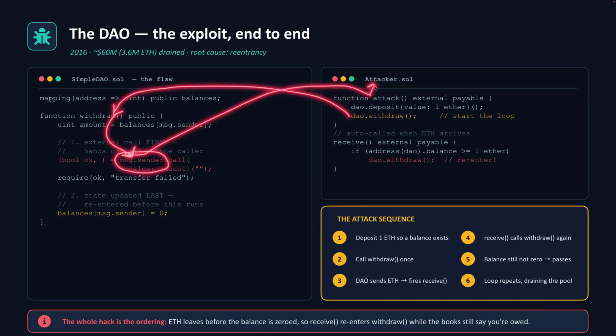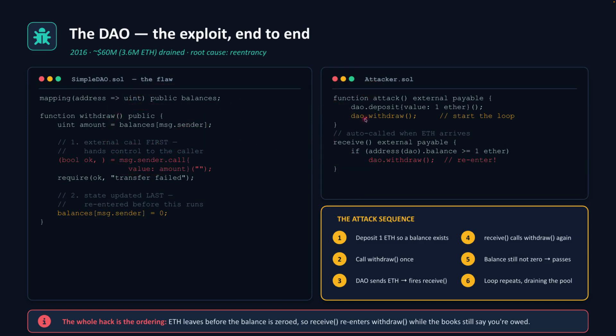attacker contract, right? So when the message.sender call happens, in reality, it comes to the smart contract's receive function. Now notice here, from within the receive function, it checks if the balance of the DAO contract is greater than 1 ether, keep on calling DAO.withdraw. So it again calls DAO.withdraw. Initially the first call comes here, then the external call.